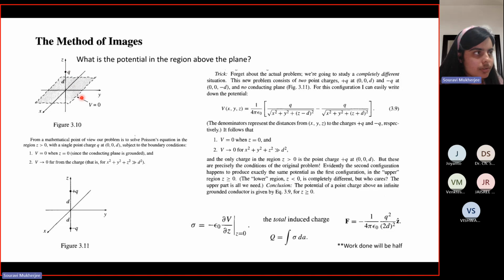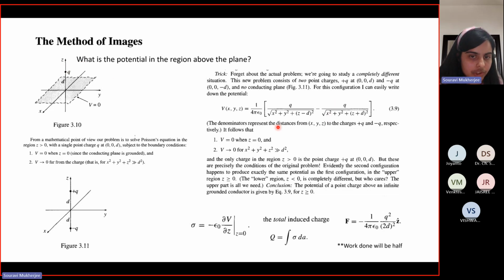So that allows us to use this method of images. So this minus Q charge that we have put is an image charge. Okay? And now this is much simpler to solve. We don't have to consider how the induced charges have distributed themselves here. So we can just use these two discrete charges to find the potential at any point above the plane. And this is how it will look.